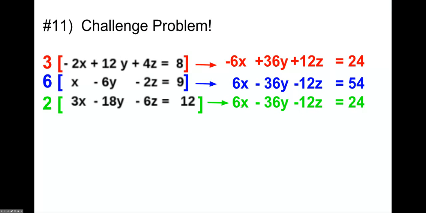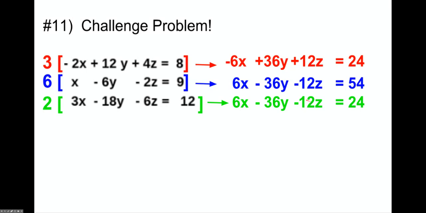Some of you are thinking, but wait a minute, these two won't cancel out because they're both positive. So you would have to take another extra step and multiply one of these by a negative 1. So you would pretty much just switch the sign. If you switch the sign to this blue 6x, it'll turn into a negative, and then it'll cancel out. If you switch the sign here, it'll turn to a positive, and then it will cancel out. If you switch the sign here, it'll turn to a positive.